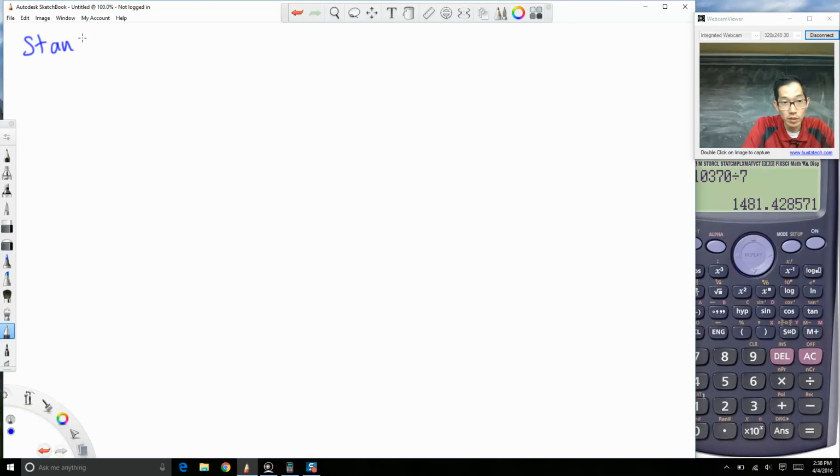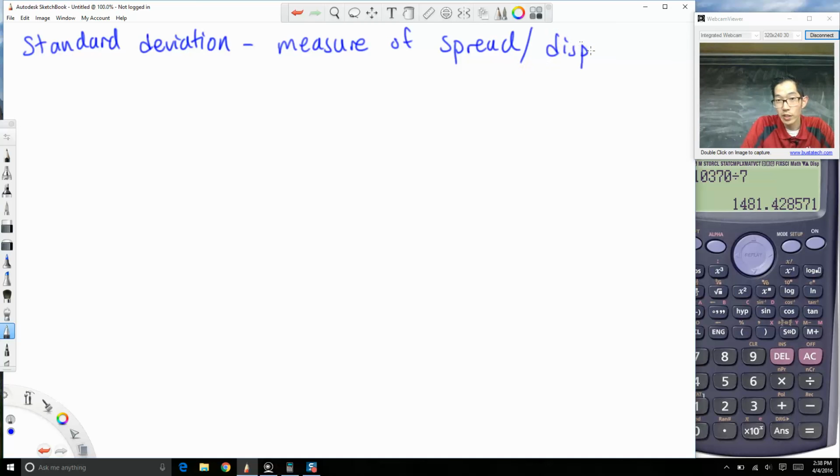So the standard deviation is a measure of spread, or dispersion. Sorry, I should switch back to my black pen here. As far as standard deviation goes, this is how we're going to define it.